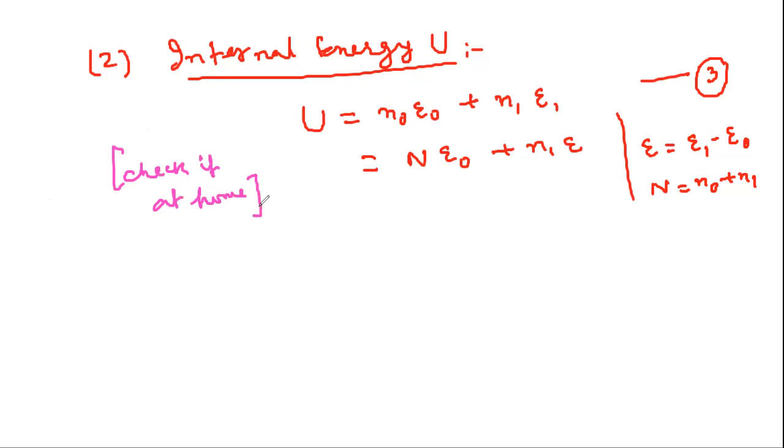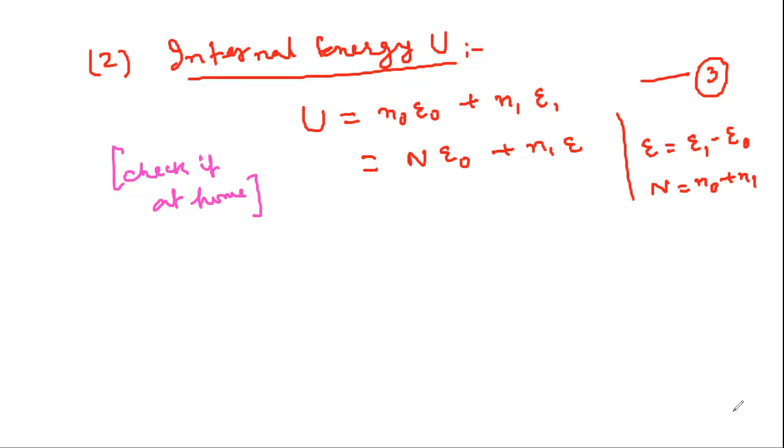So we can write the internal energy of this assembly, our system, as N epsilon naught plus N1 epsilon, with N1 given by equation 2.